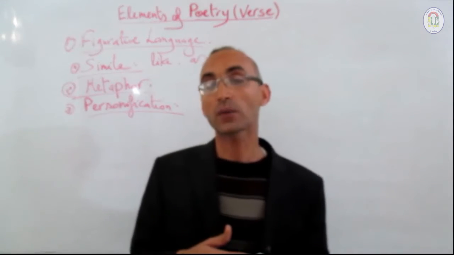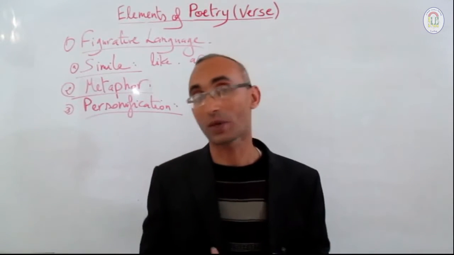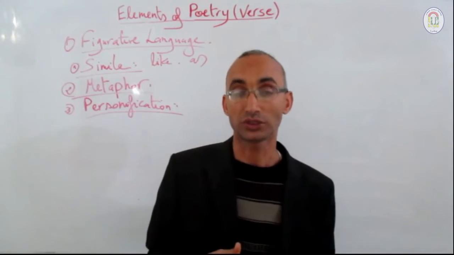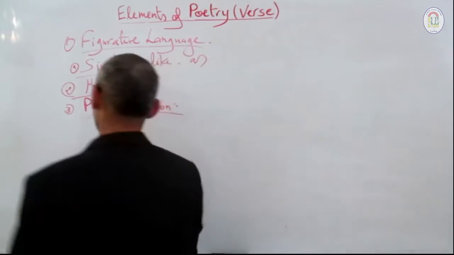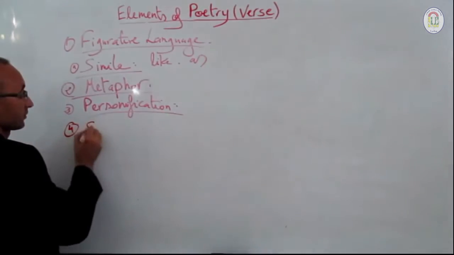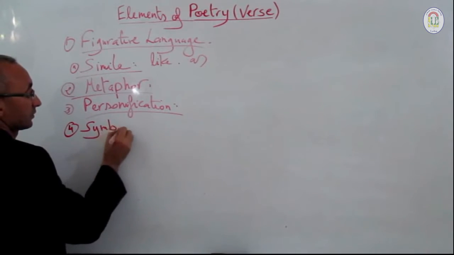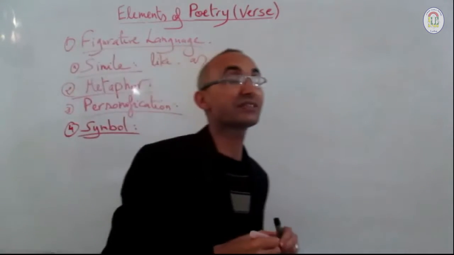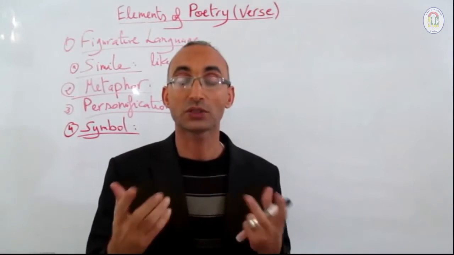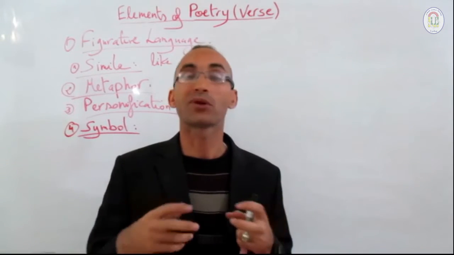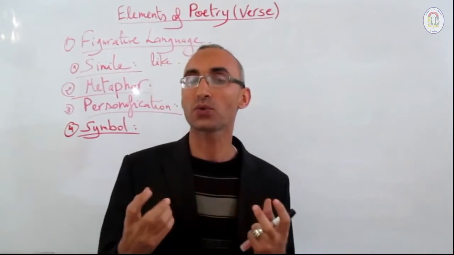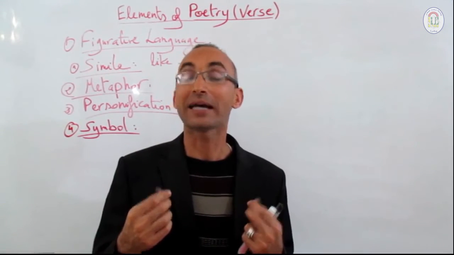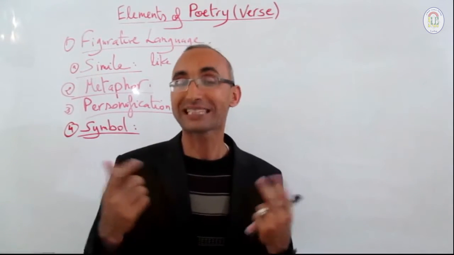Clear. Also, we have another figure of speech which is widely used also in poetry, which is the symbol. What's a symbol here? Symbol here is that physical object which symbolizes or stands for a particular idea, particular concept, and so on.